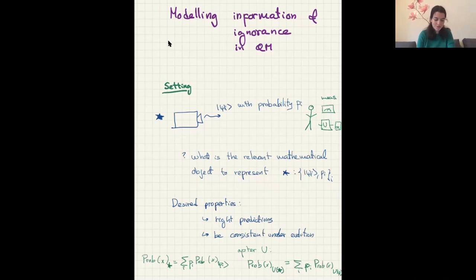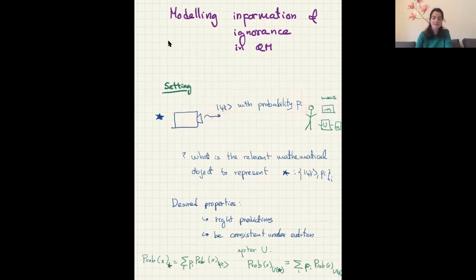Okay, and now because we have this technical problem, I'll repeat this whole section from here, if that's okay. So the idea of modeling information or ignorance is that we have a machine that could produce some state psi_i with some probability p_i. It doesn't matter what the behavior of the machine inside is; we're only interested in this output behavior.